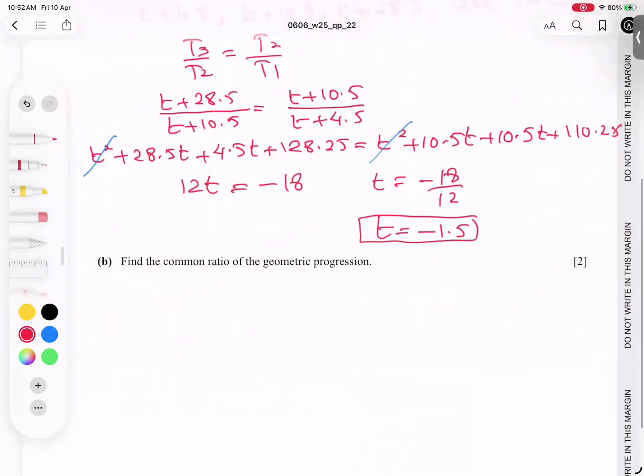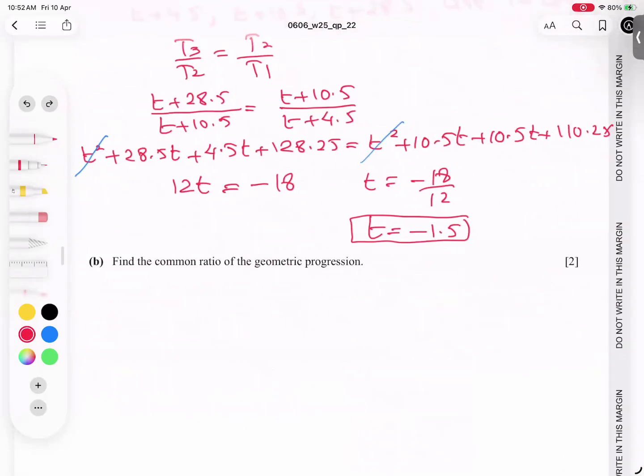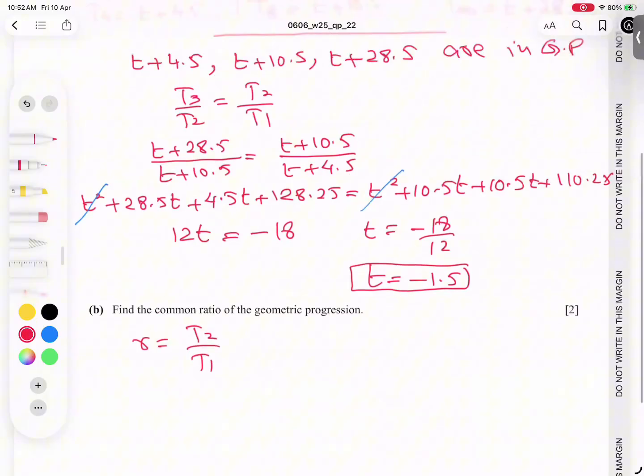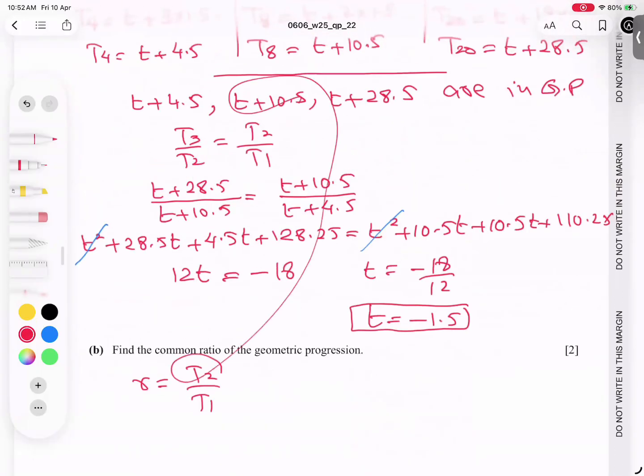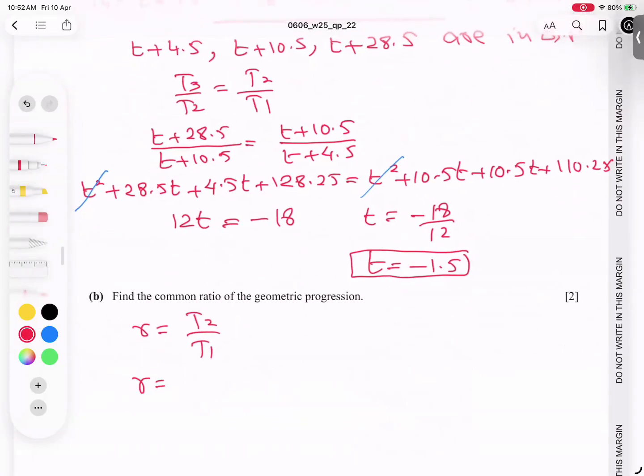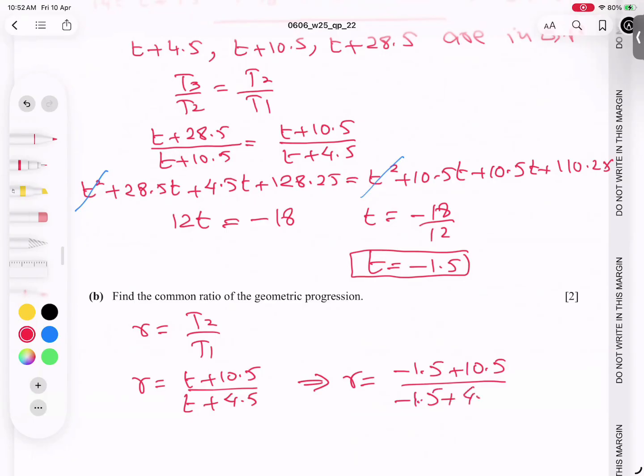And what is the next part? Common ratio of the geometrical progression. So what is the technique? Second term divided by first term, or third term by second. So what is the second term? This. And what is the first term? This. I'm going to put them. So t plus 10.5 over t plus 4.5. Now I'm going to replace: negative 1.5 plus 10.5 over negative 1.5 plus 4.5.